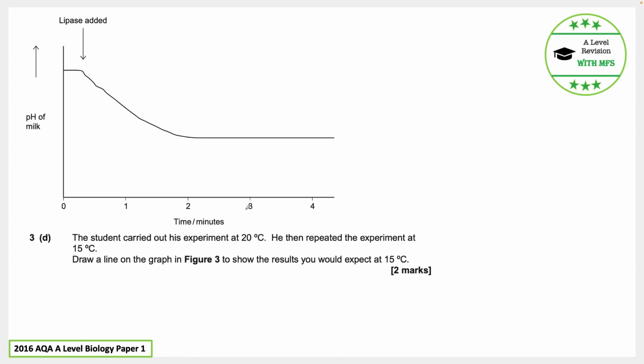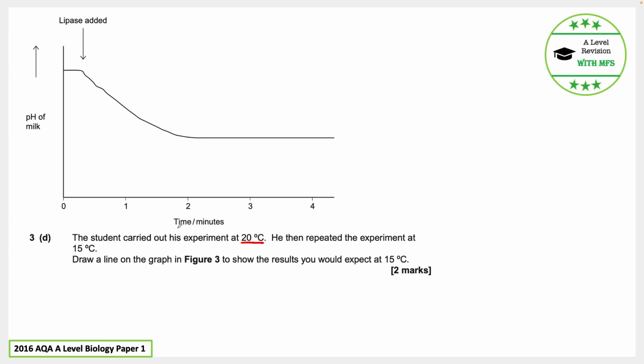Now the final part of this question states the student carried out his experiment at 20 degrees. He then repeated the experiment at 15 degrees. Draw a line on the graph in figure 3 to show the results you would expect at 15 degrees. So this original experiment was carried out at 20 degrees.